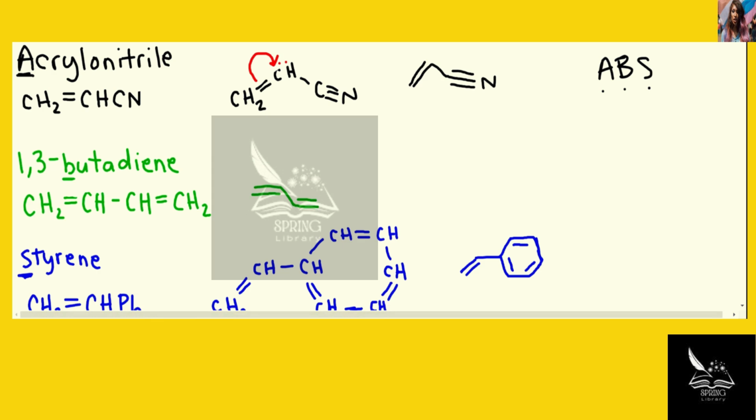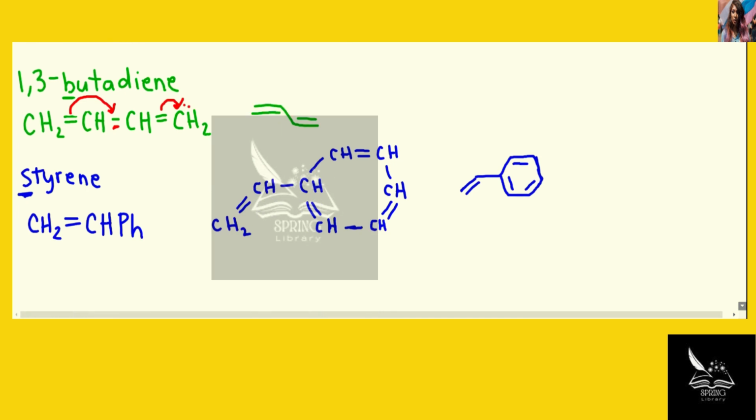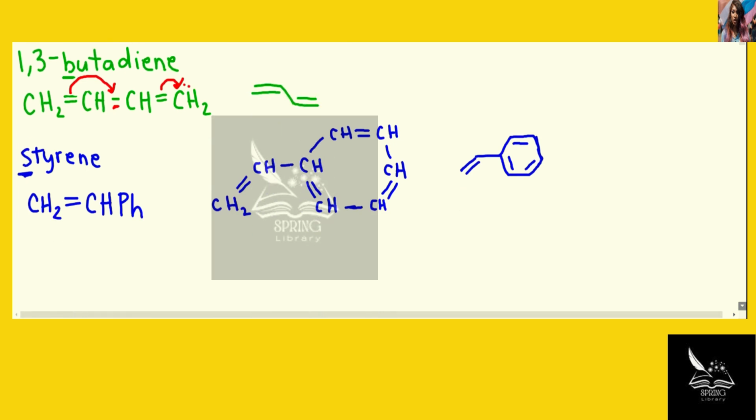So this pair of electrons from that double bond is going to come here to this bond and make it a double bond as well. And this pair of electrons is going to give that CH2 its electrons. And you'll see why when I draw it all together.